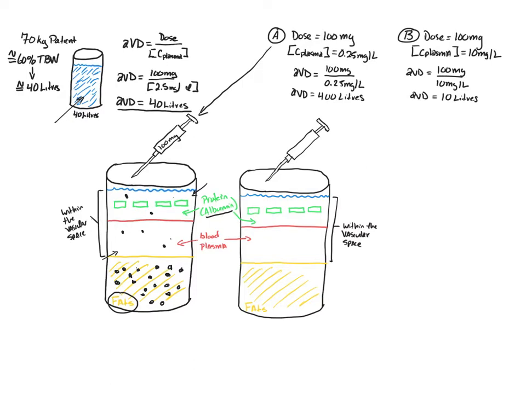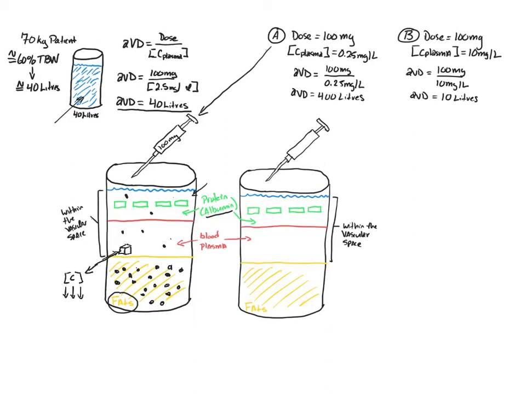And so what's going to happen is, when I take a small volume and measure the concentration of the blood plasma, the concentration is going to appear to be very low.